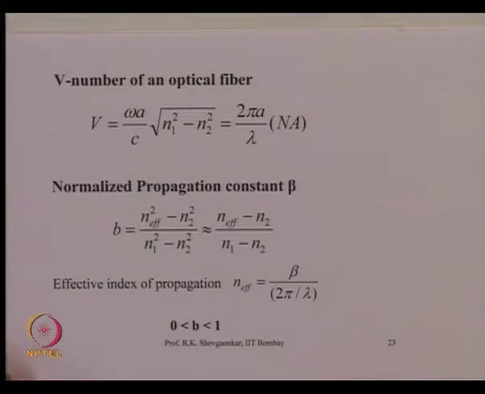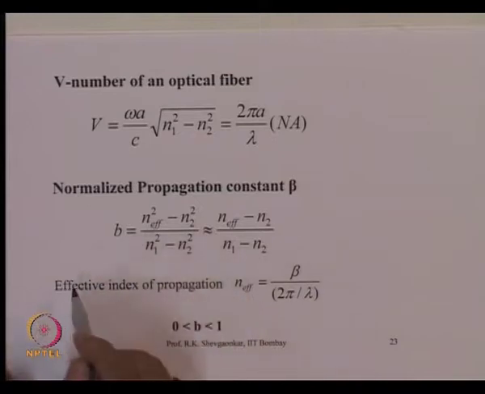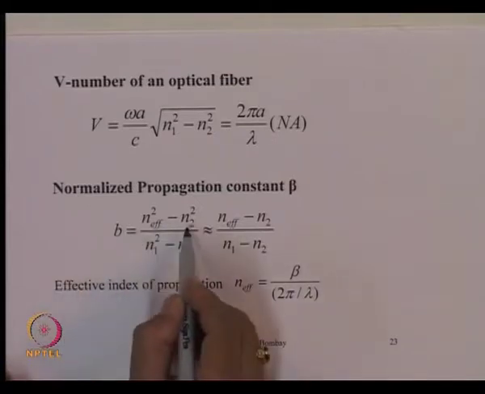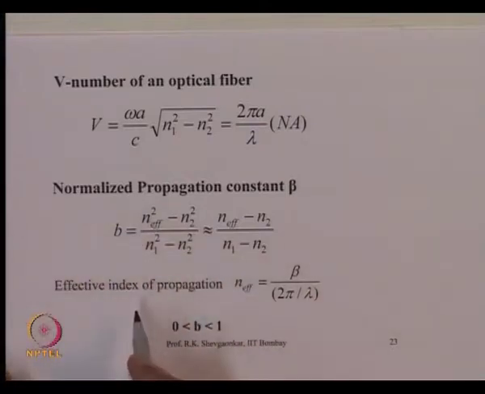Now, we have seen earlier that the effective refractive index which we got has a limit which goes between N1 and N2. So when the mode approaches cutoff, N effective approaches N2, and when the mode is far from cutoff, N effective approaches N1. Most of the energy will get confined inside the core.